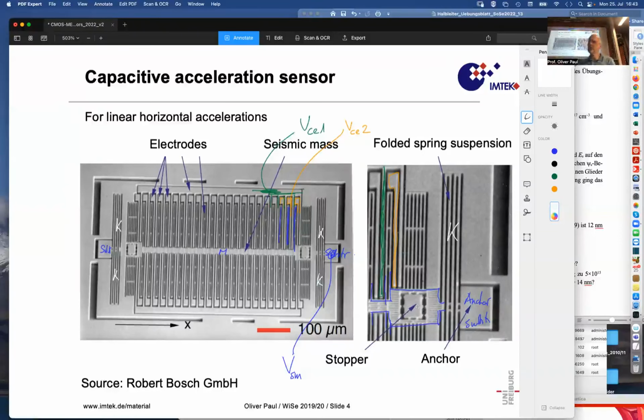And if now the mobile part moves by more than this gap, it is arrested. It is stopped by the stopper. So this is kind of a bumper between structures. So the mobile mass does not just fly off under some excessive acceleration. It is just bumping into the other side.